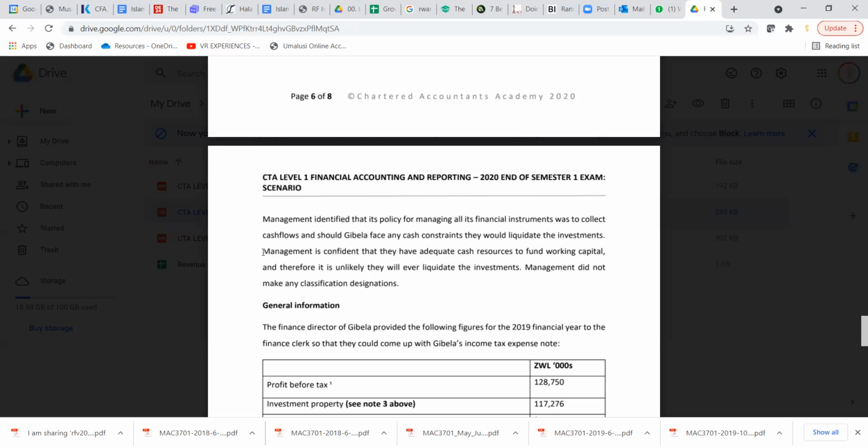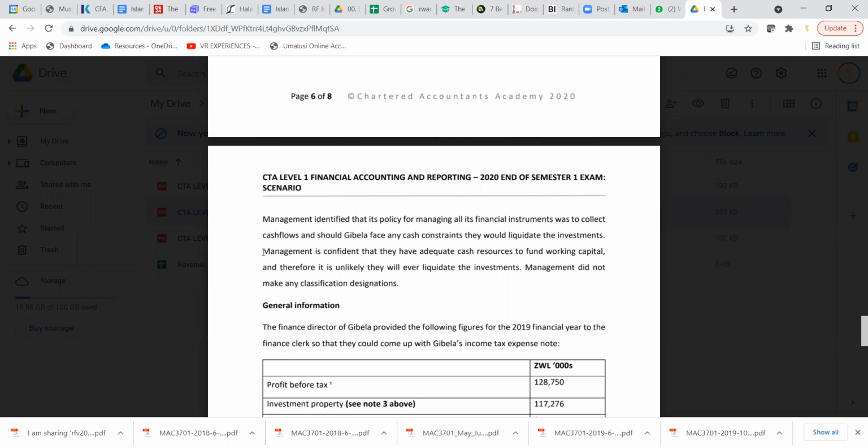Now we need to discuss the type of financial asset. I will tell them that a financial asset could either be classified as a financial asset measured at amortized cost, or a financial asset measured at fair value through OCI, or a financial asset measured at fair value through P&L. So you're telling them that is how a financial asset can be classified.